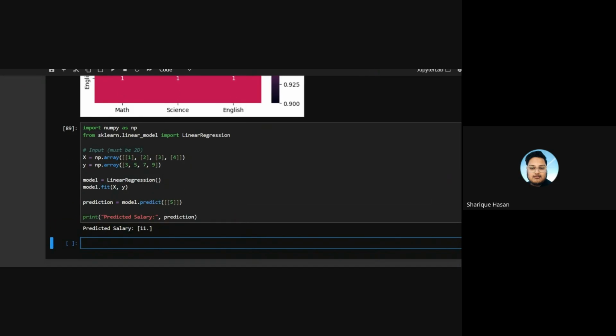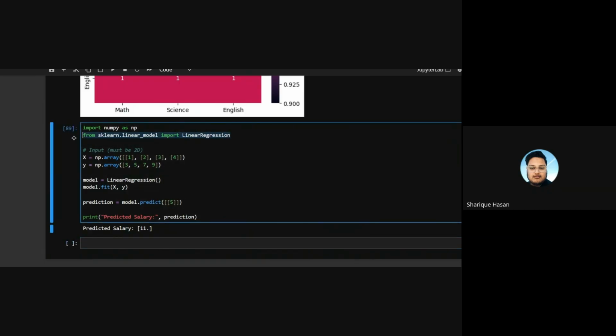See, we import numpy as np, the first thing. From the Scikit-Learn library, we import linear regression. What is Scikit-Learn? It is a library where the linear regression tools are saved. So when you have to predict a continuous value or a slope, we use linear regression from Scikit-Learn.